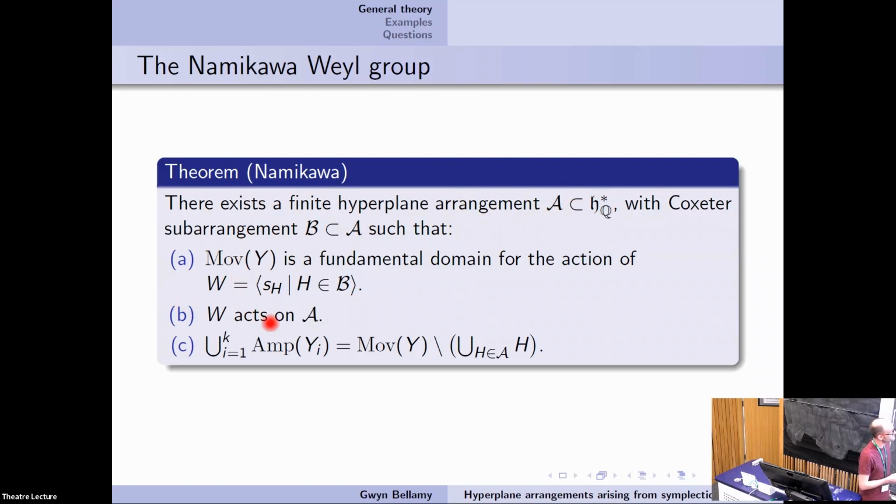This Weyl group preserves this larger hyperplane arrangement. And these ample cones you get by taking the movable cone, this fundamental domain for the action of W, and just removing every hyperplane.